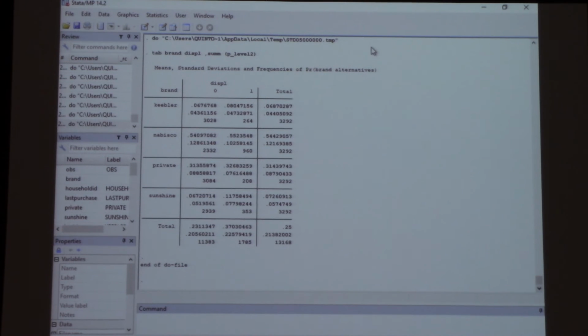Okay, so what I want to do is this. Brand, and you're going to have to do this for each of these categories of promotion, and these are the conditional probabilities. So we know that these are on average going to be, let's see, this is Keebler. Those are the relative frequencies.